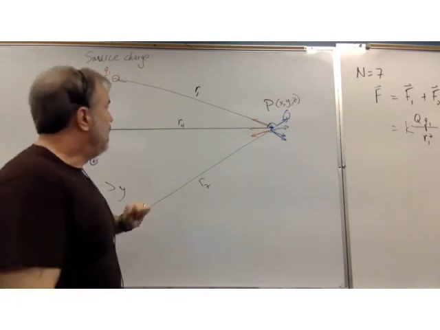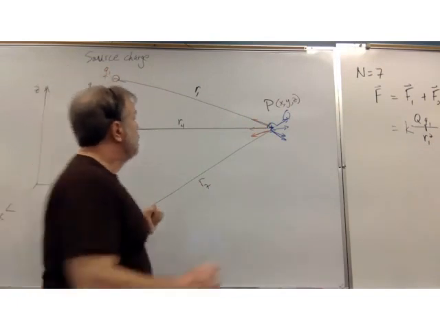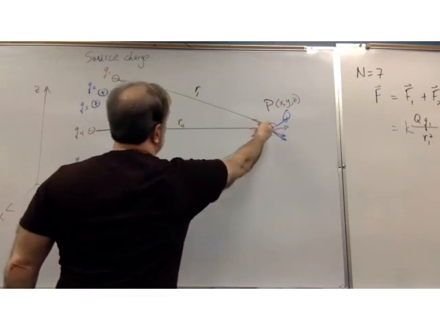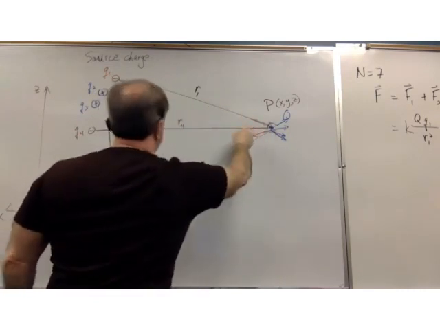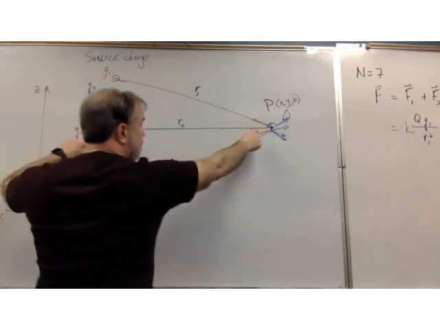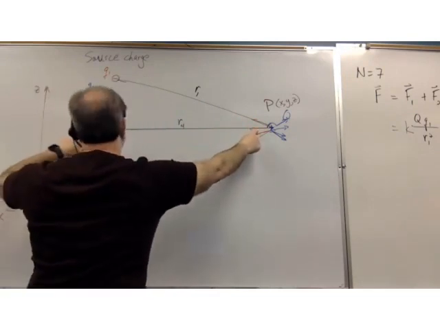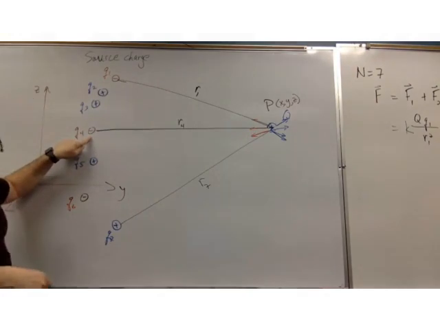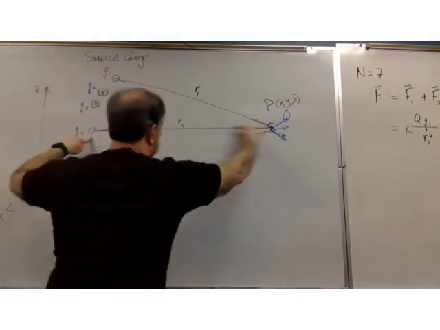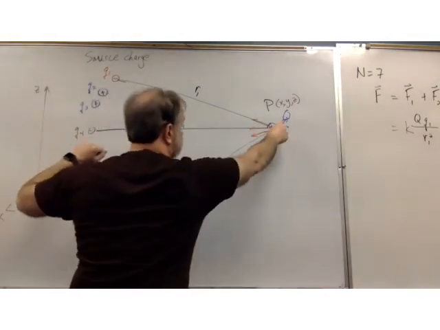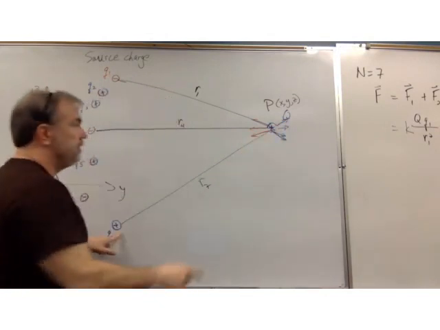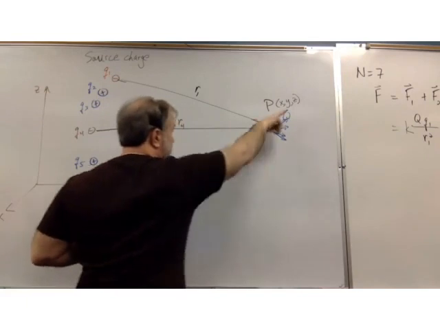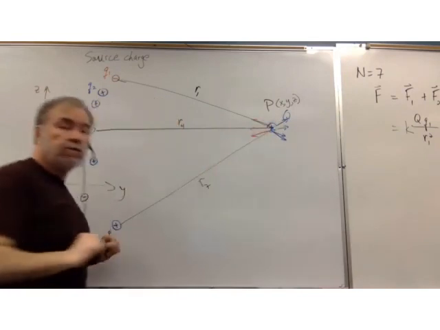Okay. In other words, the direction of the force is parallel to R1. The force on capital Q due to little q4 is directly parallel to R4. The force on capital Q from Q7 points directly away, but still exactly parallel to R7.